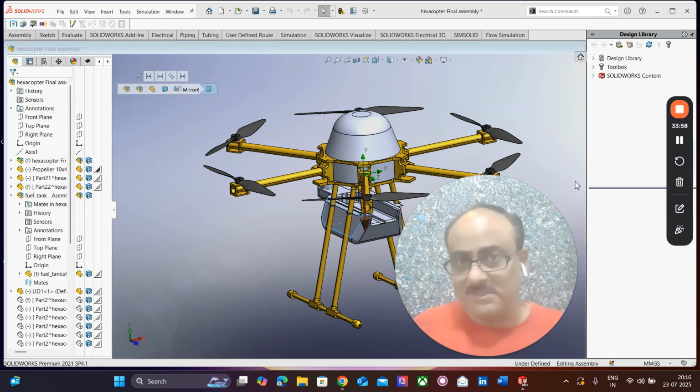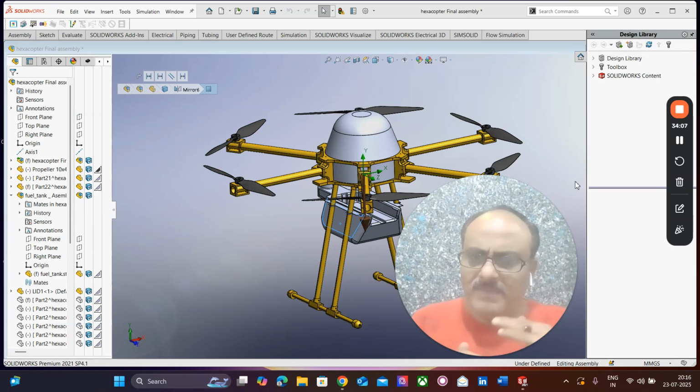But how we can break down that entire system into several subsystems, and based on certain assumptions, how we will be able to perform. So here we are able to understand how the fertilizer tank or the water tank or the pesticide tank is going to induce all kinds of loadings on the drone, and how it can affect the dynamics of the drone.